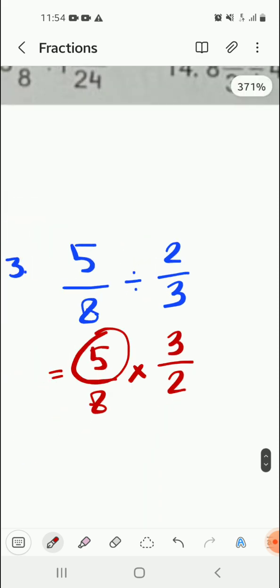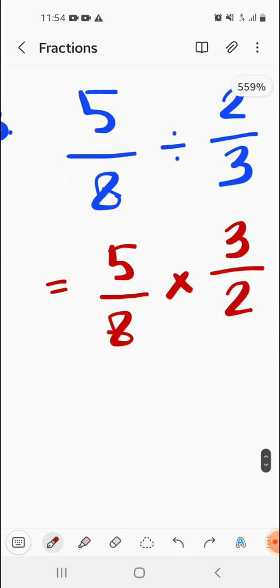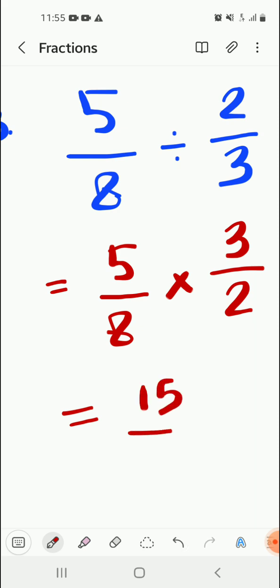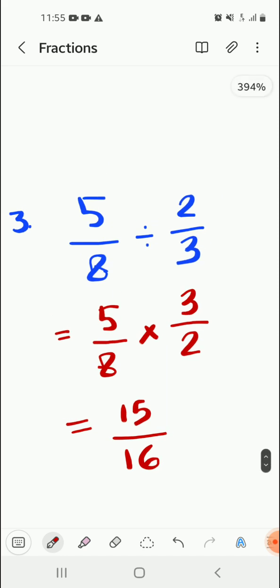Over here 5 is not possible to divide by 8 or 2. Same goes with 3. So we're going to simply multiply. 5 into 3, numerator is 15. 8 into 2, denominator is 16. Again, it is a proper fraction, so we'll leave it here.